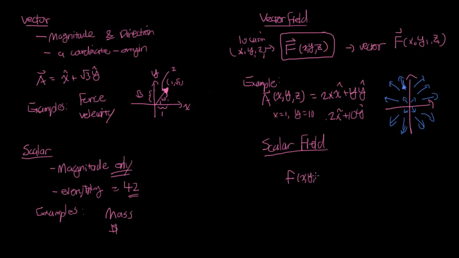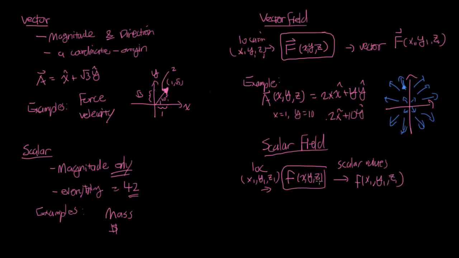You still put in a location, x1, y1, z1. Location goes in, but then out come scalar values. We'll refer to this as f of x1, y1, z1.